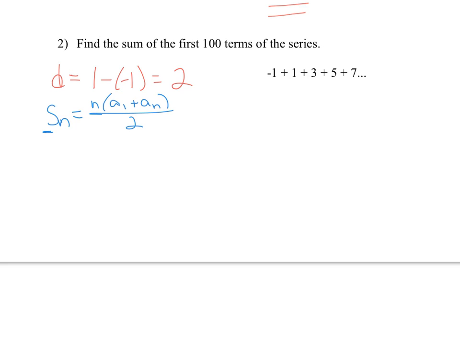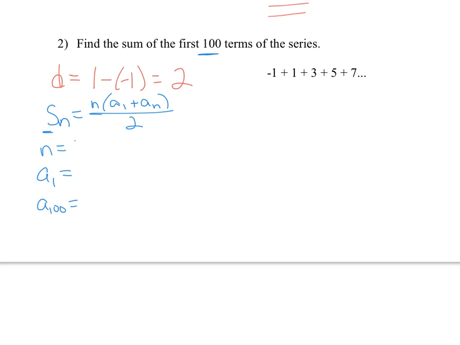So the things that you need: your n. Remember, n is your number of terms. You need your first term. You need your last term. So for the 100th term, I need the 100th term. And that's it. That's what you need. And you just add them together.